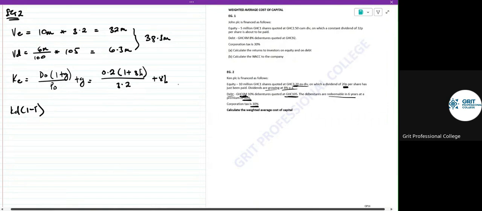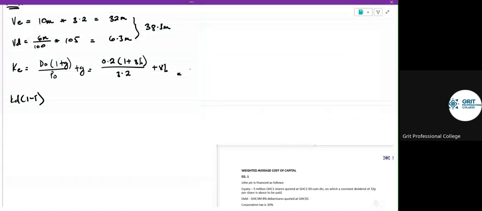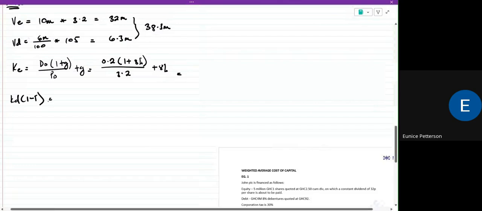And that therefore gives us a cost of equity of 14.8%, or 14.75%.